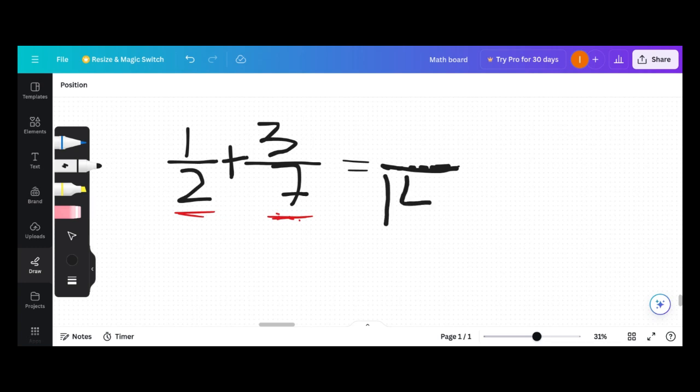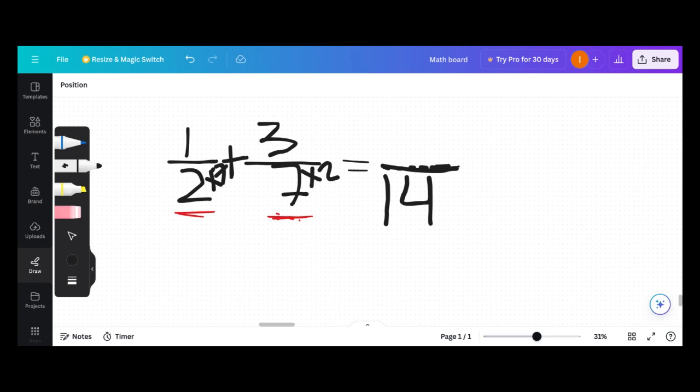Now, we know in order to get to 14 from 2, it's times 7. And in order to get from 7 to 14, it's times 2. Now, we know from past problems that whatever you do on the bottom, you do on the top.